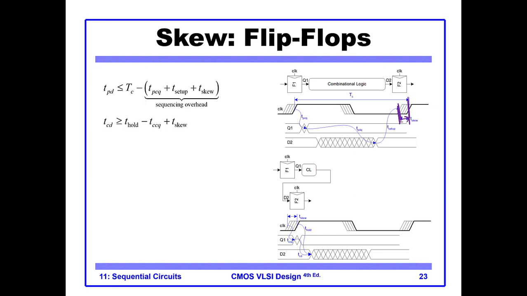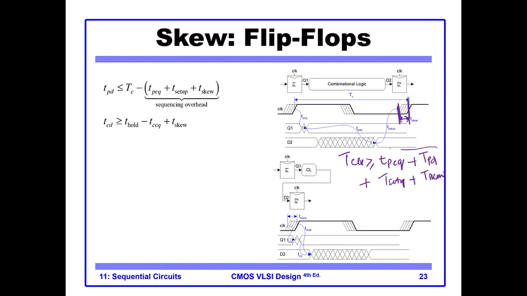Okay, so now this difference should be included in the clock period. So now the clock period should be greater than or equal to TPCQ, which is the propagation delay of the register, plus TPD, which is the propagation delay of logic, plus T setup, which is the setup time of my register, plus T skew.